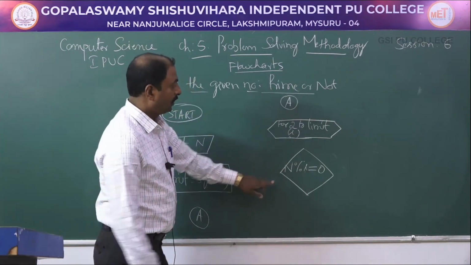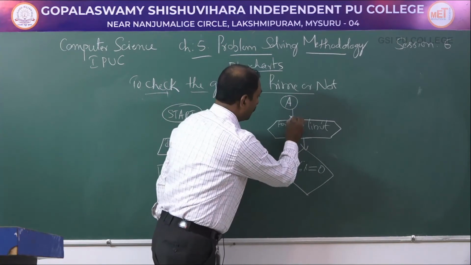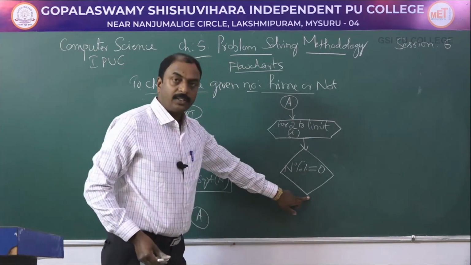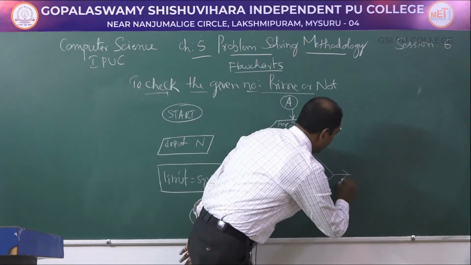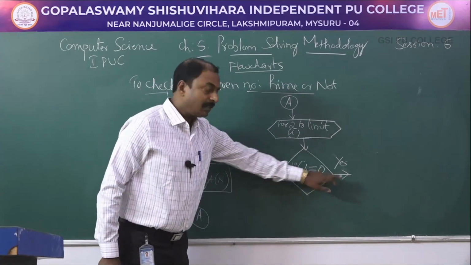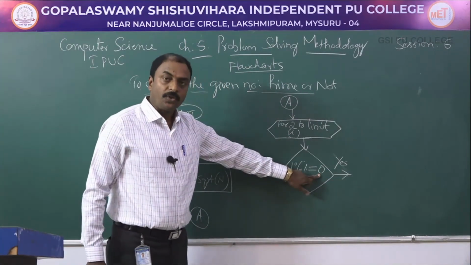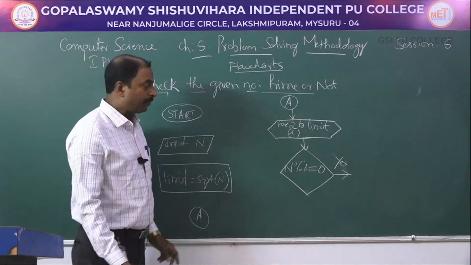So here this takes one input, and there are 2 possible answers for this. One is yes and one is no. If it is yes, it means remainder is 0. If remainder is 0, the given number n is not a prime number.